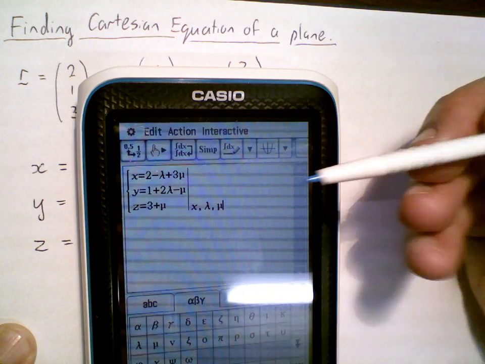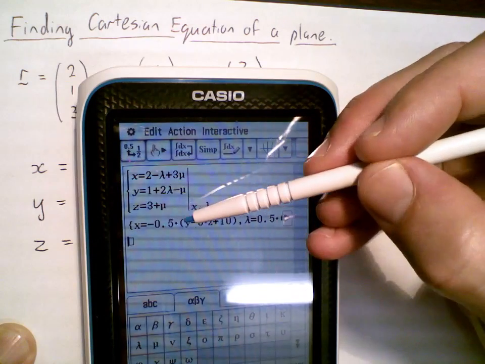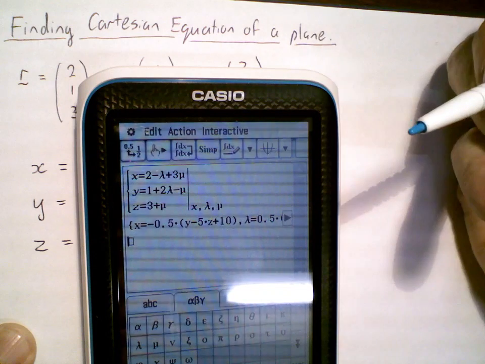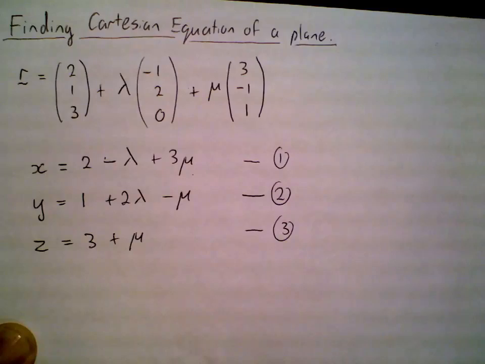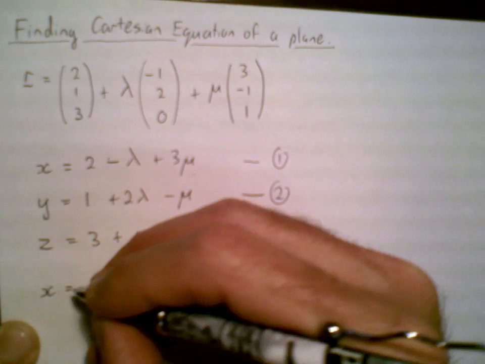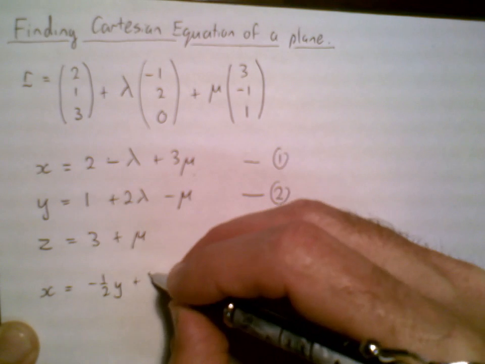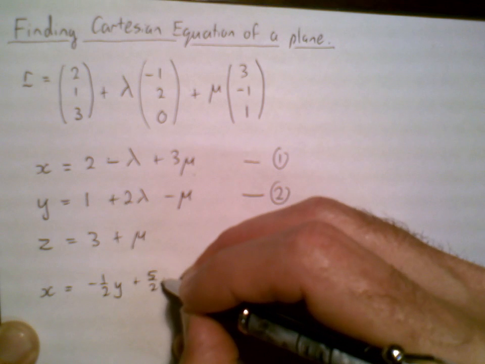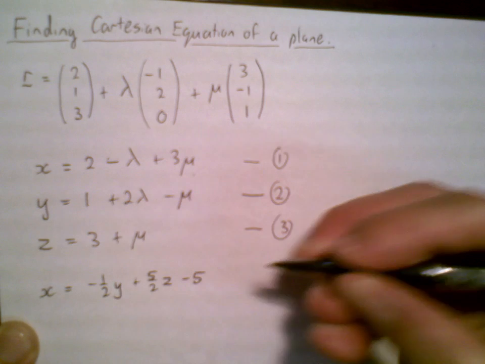And the first equation, when we solve, which is this first one here, you can see we've got x in terms of y and z only, and that's our Cartesian equation of a plane. So let's write that down. We end up here with x is equal to negative a half y plus 5 on 2 z, take 5.